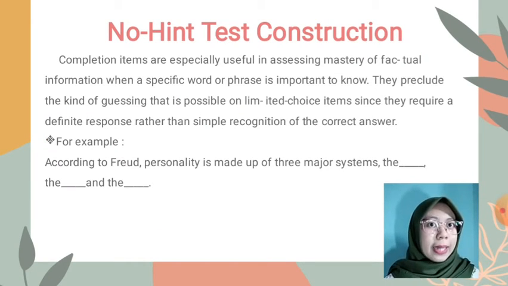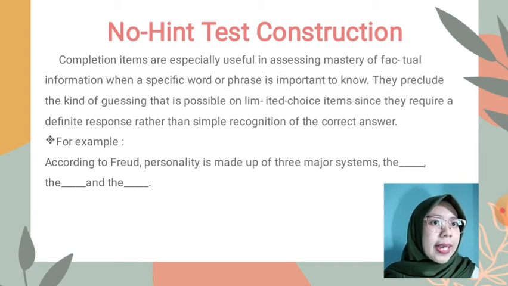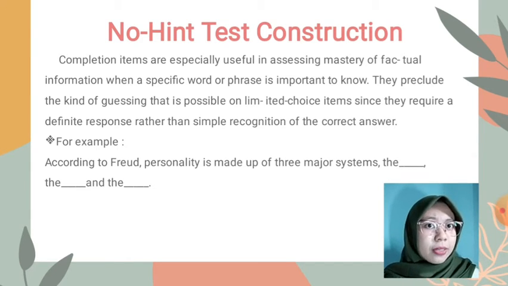The first slide tells about test construction. Completion items are especially useful in assessing mastery of factual information when a specific word or phrase is important to know. They preclude the kind of guessing that is possible on limited choice items since they require a definite response rather than simple recognition of the correct answer.